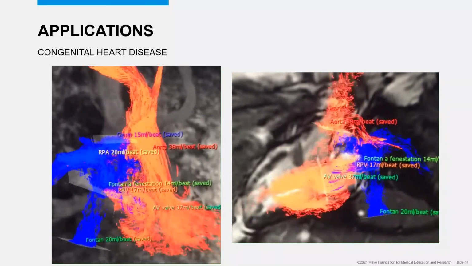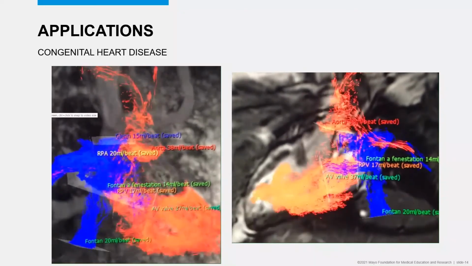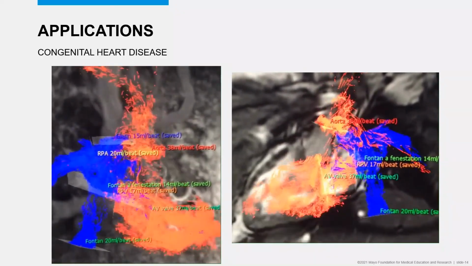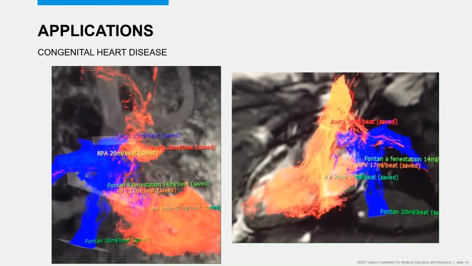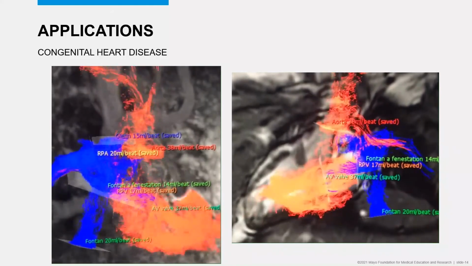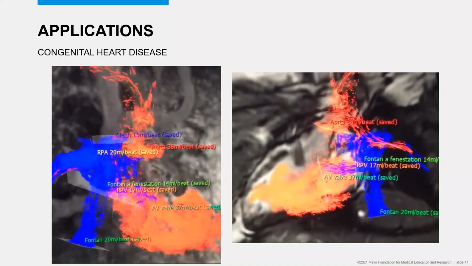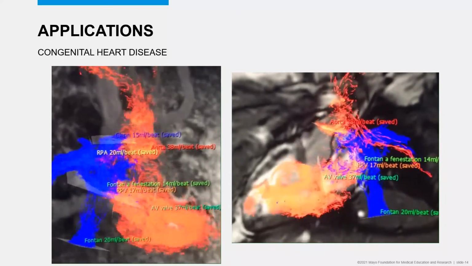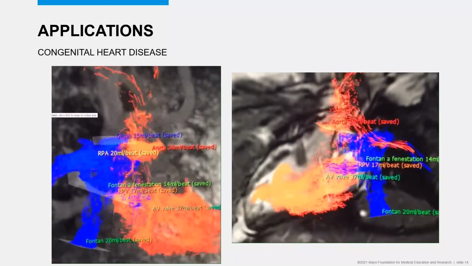The flow calculations here on the pathline visualization images nicely demonstrate the differences between the flow across the Fontan and the Glenn, as well as the visualization of the leak at the level of the fenestration depicted by the purple flow jets.